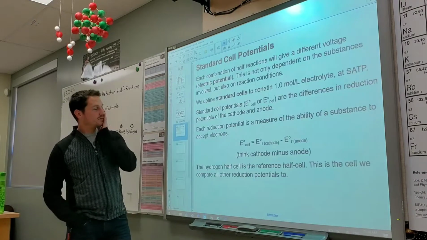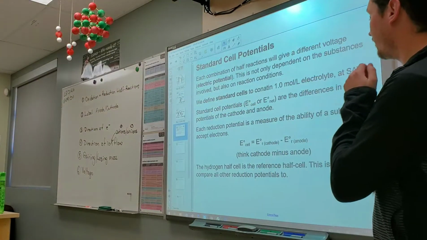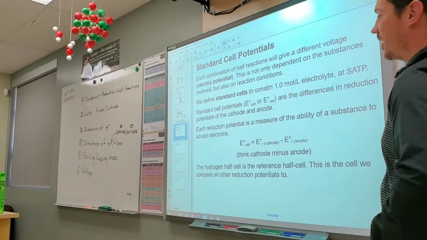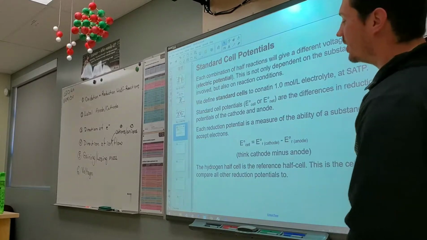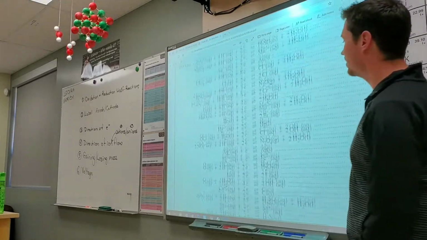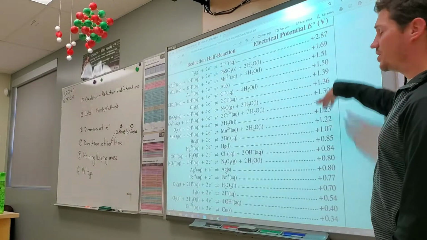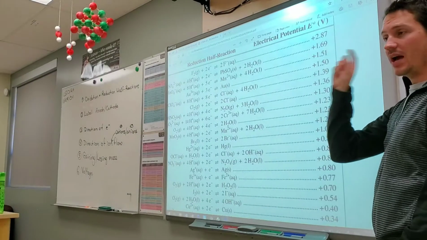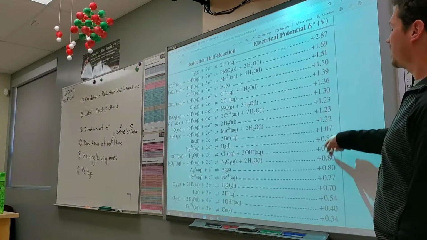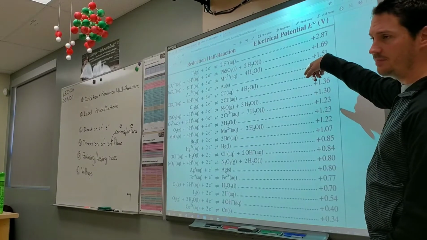You know what? This is pretty straightforward. This is pretty easy, and I'm just going to give you guys some work to do after this. Let's take a look at our table of half reactions. On the side, there's a bunch of voltages, and I just want to teach you how to do it, and then I'll teach you more about this tomorrow. We've got the voltages of each one.